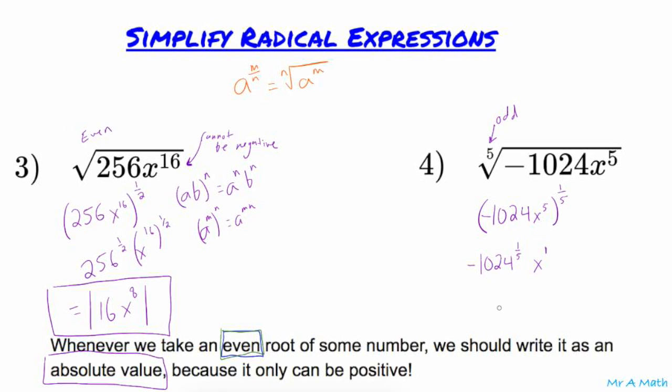The fifth root of negative 1024 is negative 4. And then I am left with just x to the first power, which is just x. Again, since it's not an even root radical expression, the answer is just what it is. It doesn't have to be positive, so we don't have to put the absolute value symbols on this.